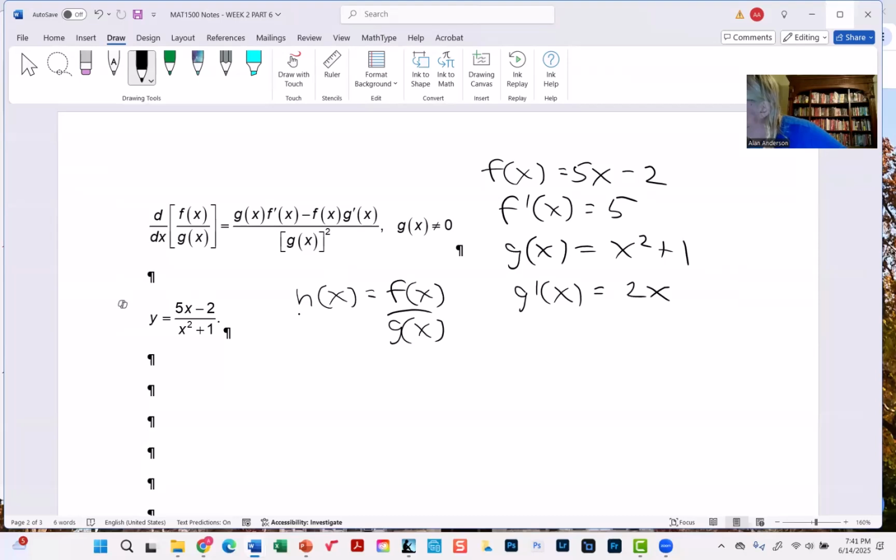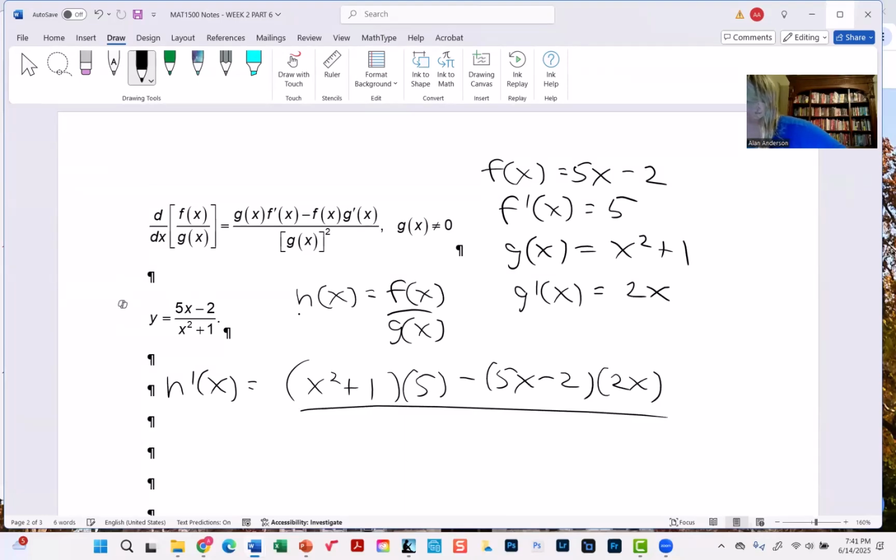So the rule tells us that h prime of x is g of x, f prime of x, minus 5x minus 2, that's f of x, g prime of x is 2x, all divided by x squared plus 1 squared. Don't forget about the square.